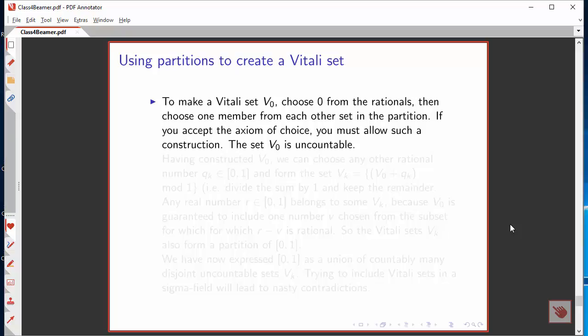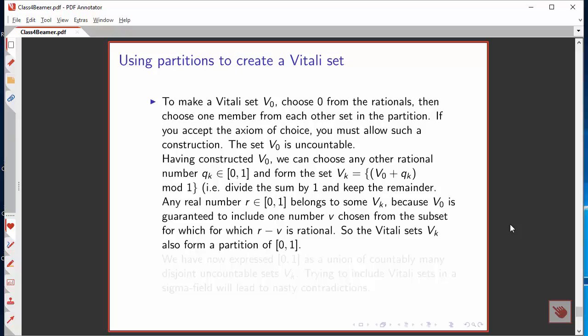So I now have a set that includes 0, and it also includes a whole lot of irrational numbers, one from each set in the partition. And since I've chosen elements from an uncountable partition, and none of these can be duplicates, this set V0 has to be uncountable. Okay.